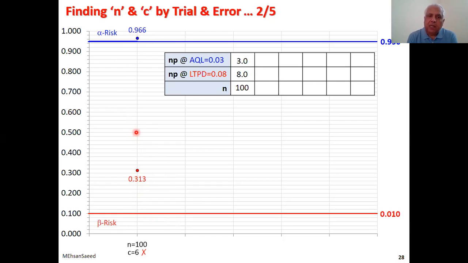We know that if we have to reduce the buyer's risk, we must increase the sample size. So how much do we need to increase? Well, we find that it is almost 25% into this no-go area.